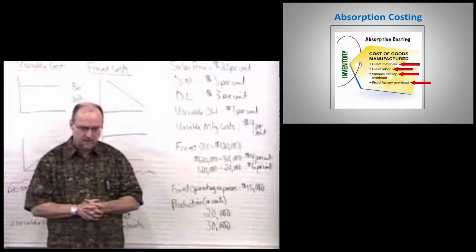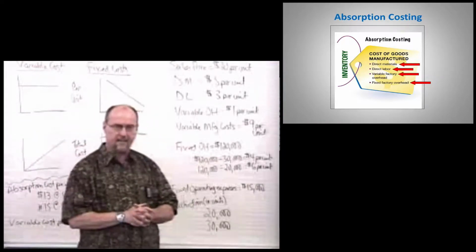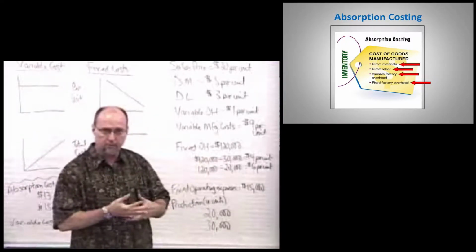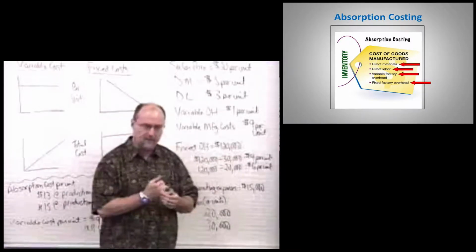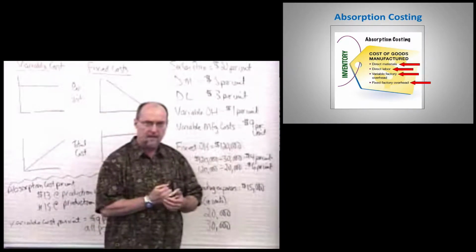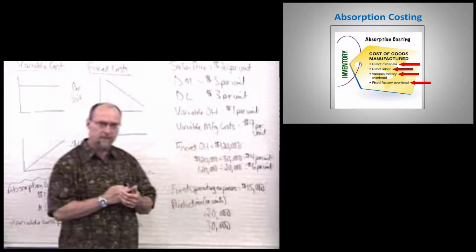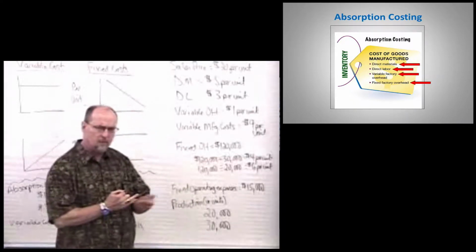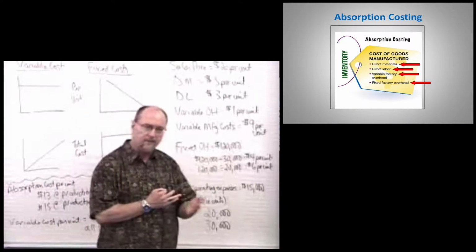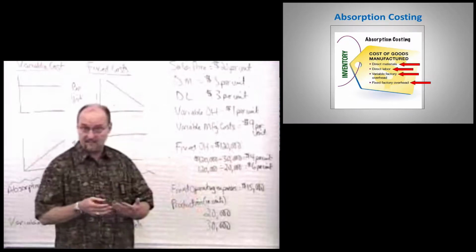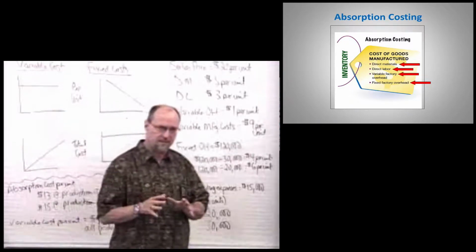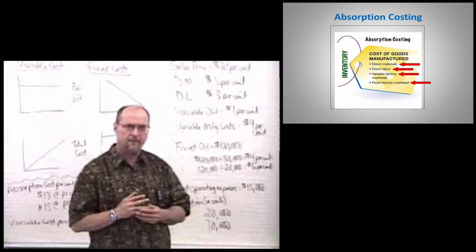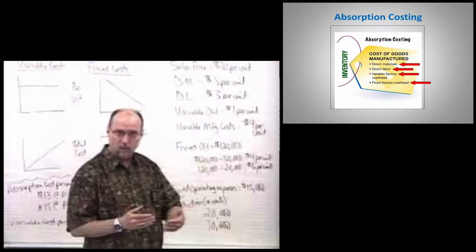So notice, in the slide we say cost of goods manufactured, which is the cost of the units we produce, includes direct materials, which is variable. Direct labor, which in a previous discussion we said could be fixed or variable, and we decided for exam purposes and for discussion purposes for this class, we'll consider direct labor variable, as an hourly wage would be.